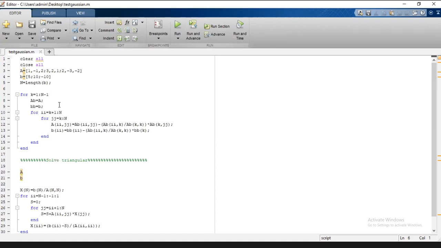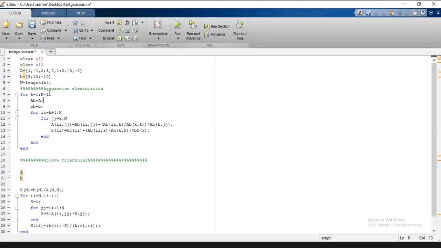Now this is the Gaussian elimination part. This converts your matrix into a triangular one. What you need to do is a loop on K, a loop on I, and a loop on J. What you need to be careful about is that it is recommended to save the matrix A at the previous step.